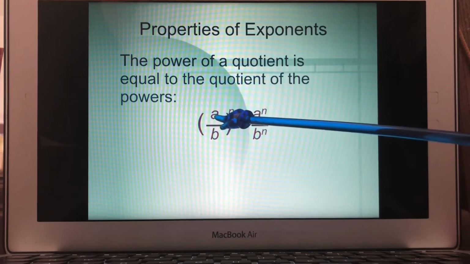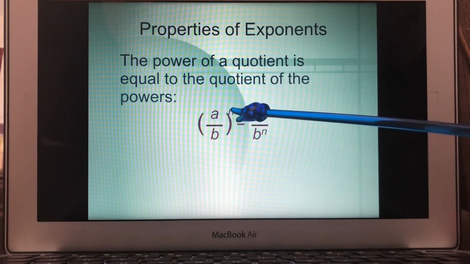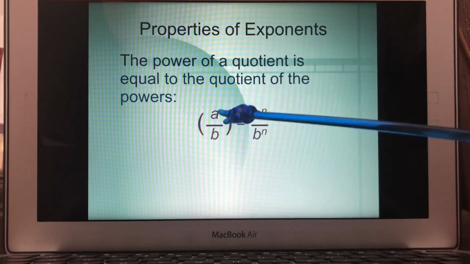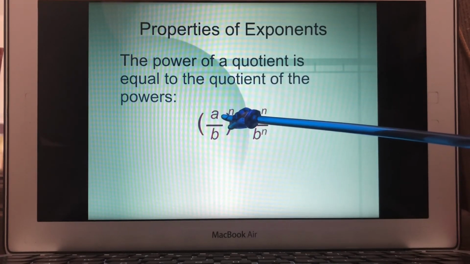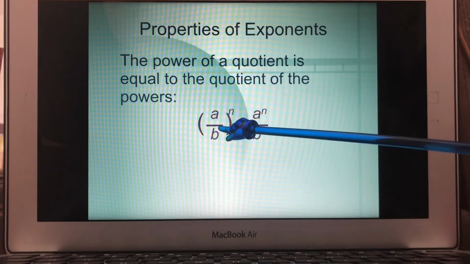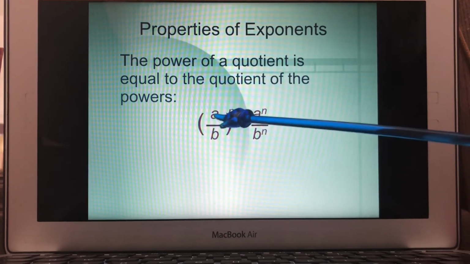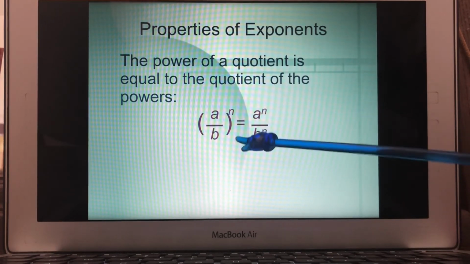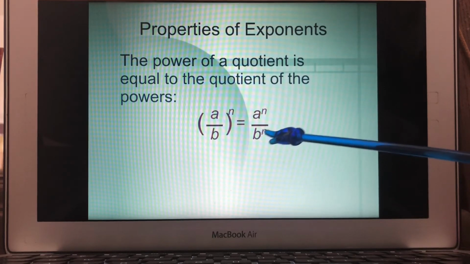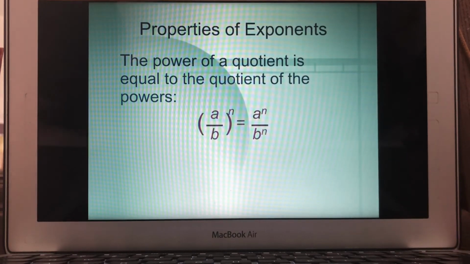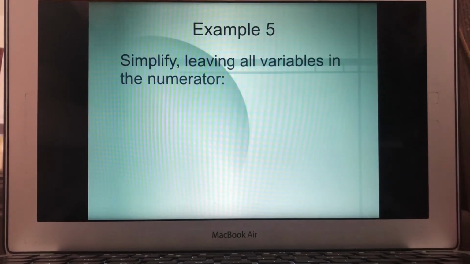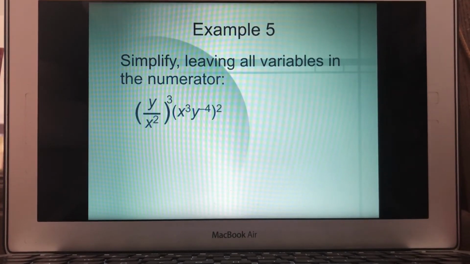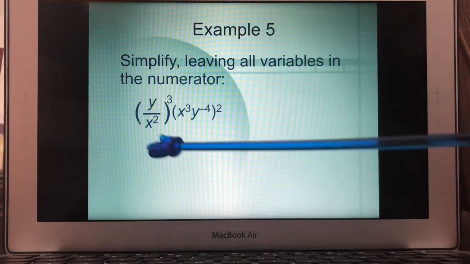So basically I'm going to distribute this power to the numerator and the denominator, or divide it up into the numerator and denominator. So now a is raised to the n power and b is raised to the n power as well. Okay, if I simplify here, leaving all the variables in the numerator.